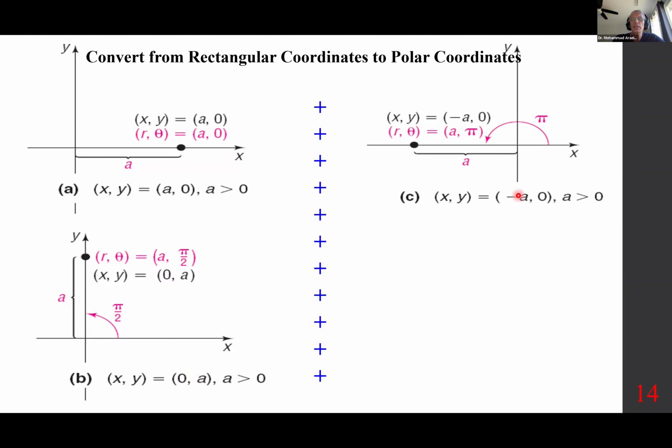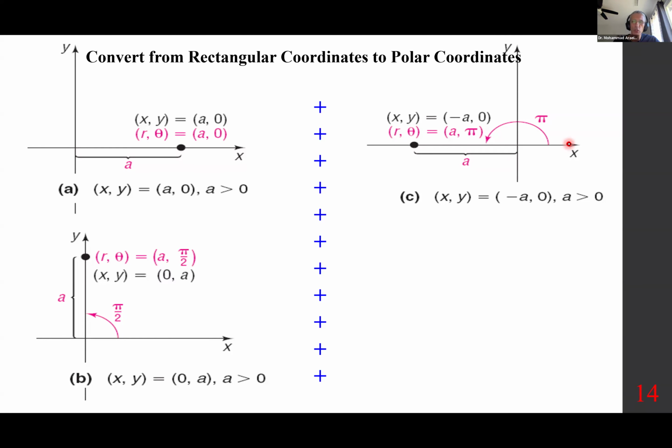Now the point negative a comma 0 on the rectangular coordinate system, with r comma theta: r is the same a, but now the angle is 180 degrees or pi, so a comma pi. In essence, we are looking at the quadrantal angles.